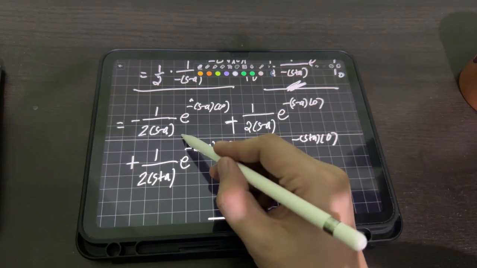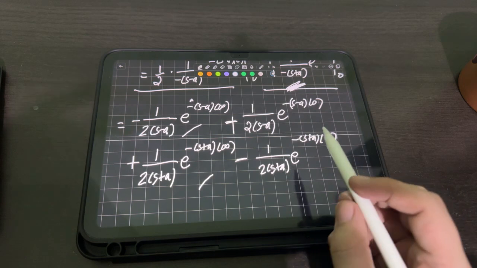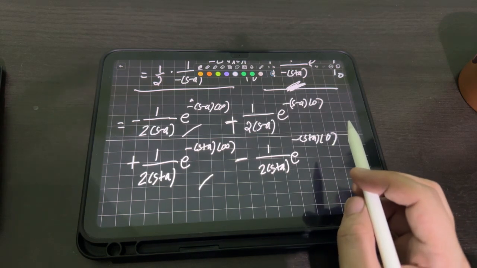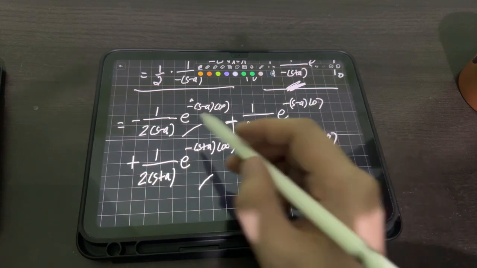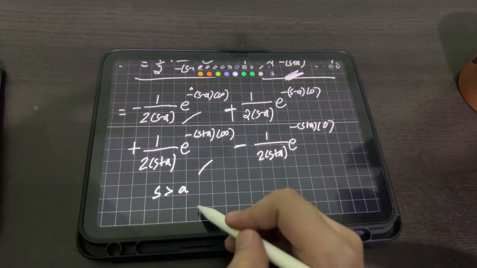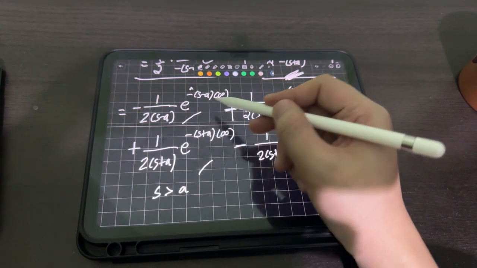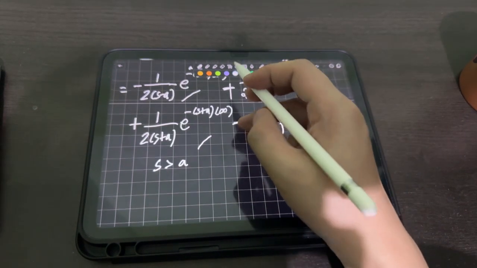Okay, so what are the problematic or complicated terms here? Those that involve infinity. This one and this one. Okay? So if we assign restrictions on s for the first term, if we set s to be greater than a, this power of e will approach 0, right?